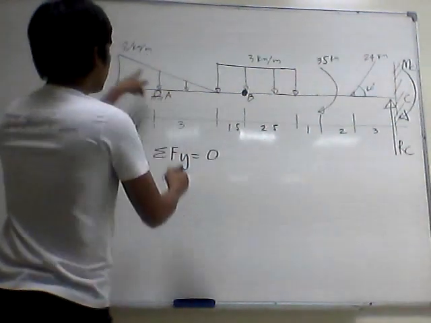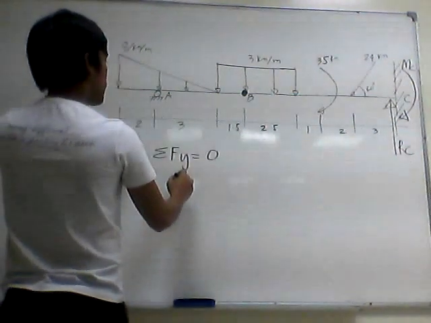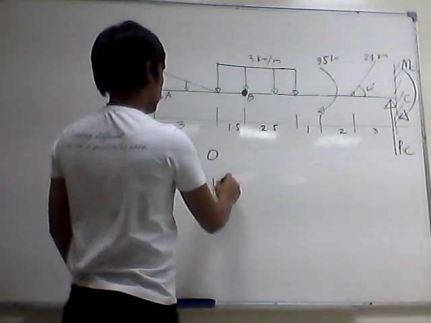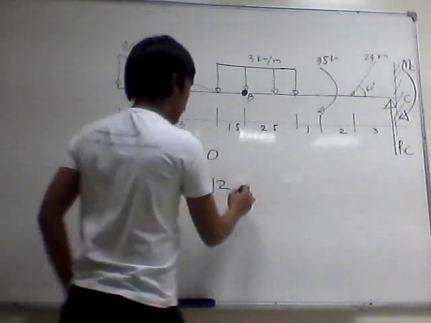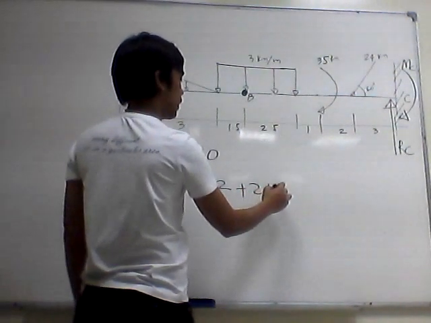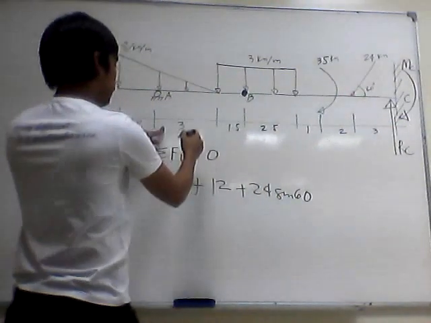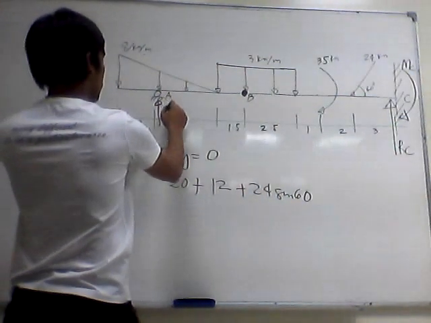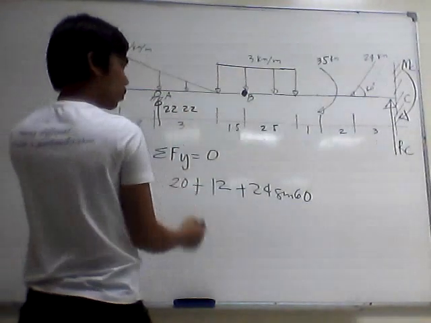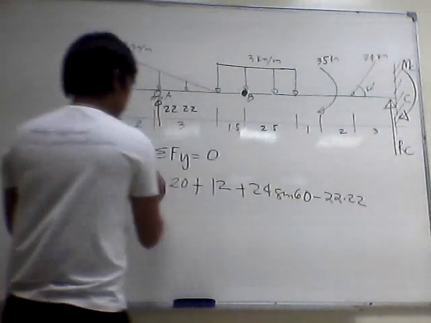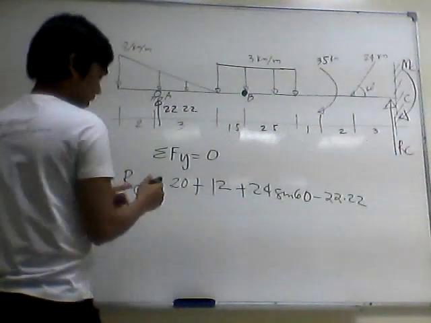So here we have 8 times 5 over 2, which is 20, plus 3 times 4 is 12, plus 24 sine 60. Then we have RA 22.22 minus 22.22, that is equivalent to RC.